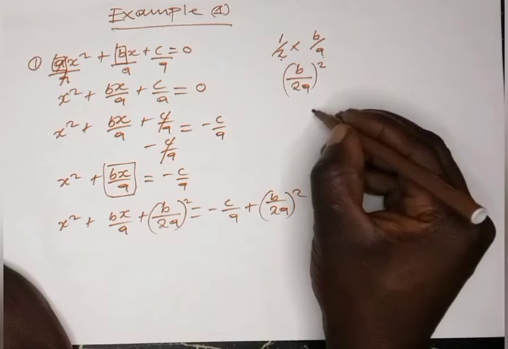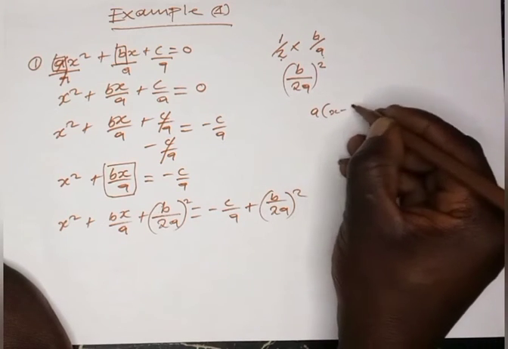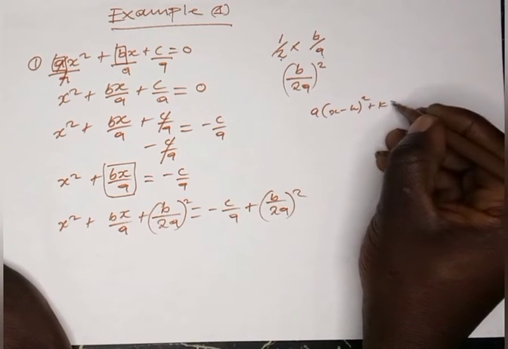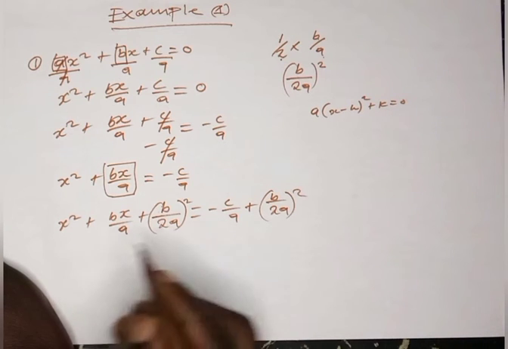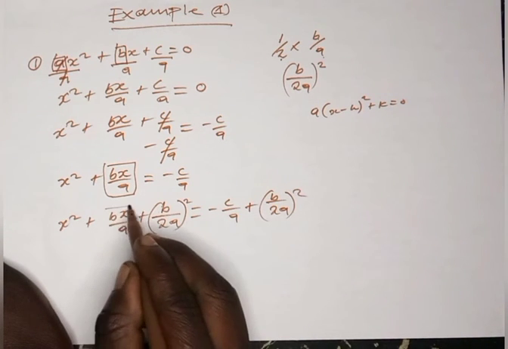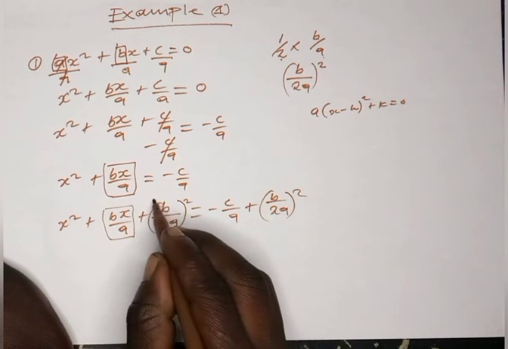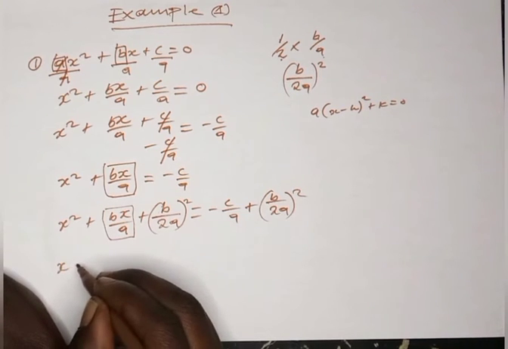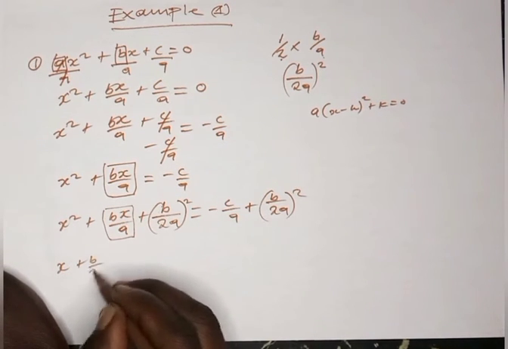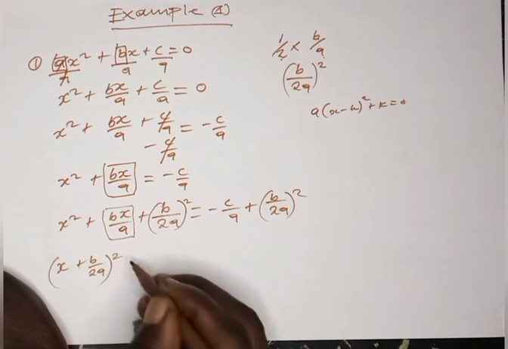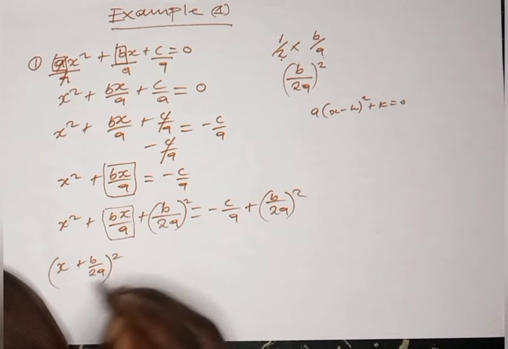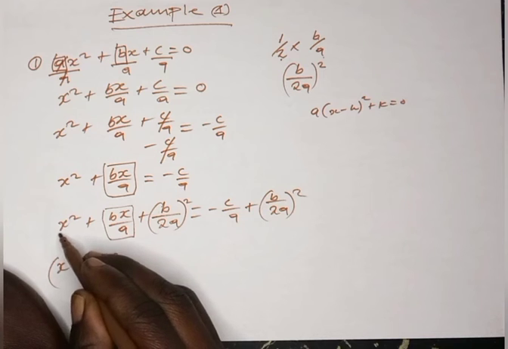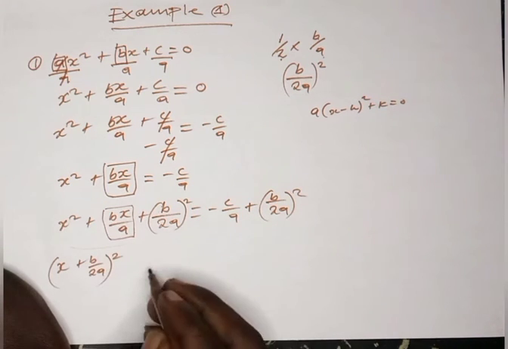So now let's remember the equation which was given in the first statement. It was a(x minus h) squared plus k, where k is a constant. So let's write down the half. We are going to remove bx over a, then write x plus b over 2a, because when we expand this it will go back to x squared plus bx over a plus b over 2a squared.